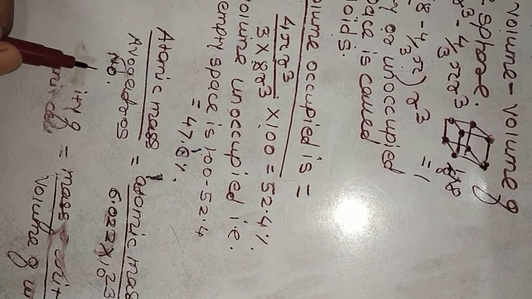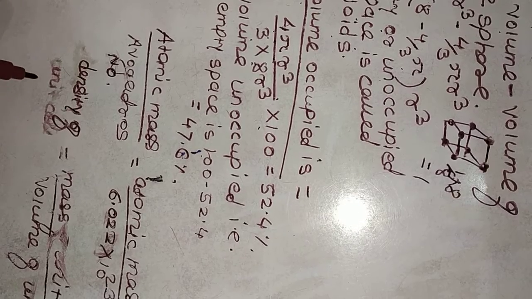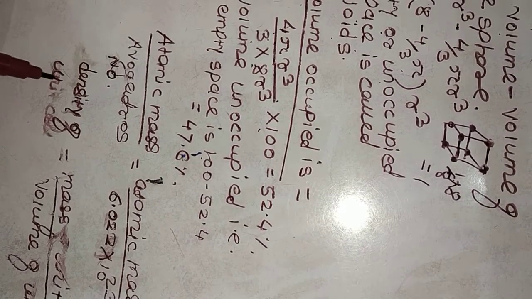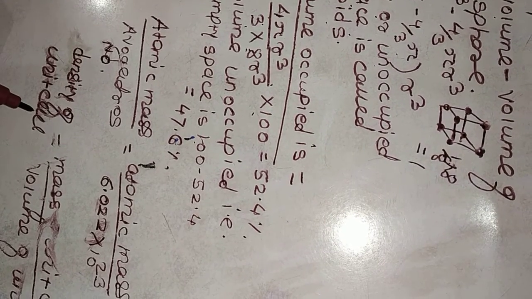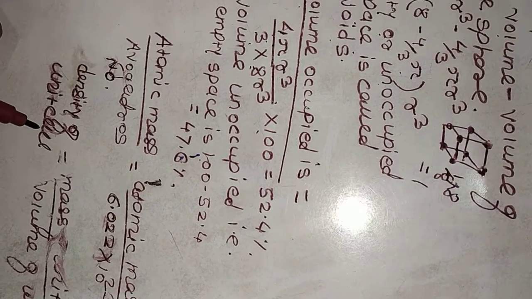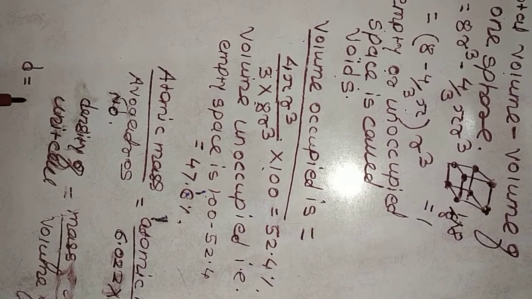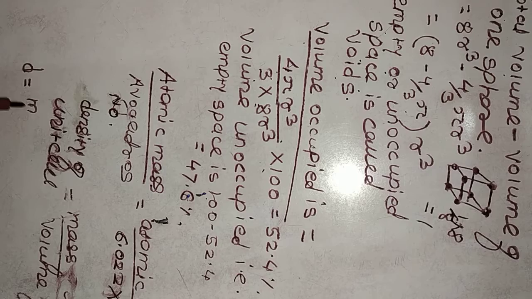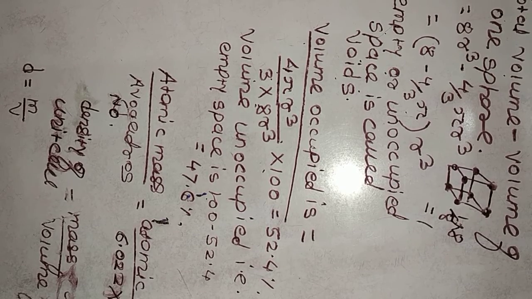Then how can we calculate the density of the unit cell? Density is the mass of the unit cell divided by the volume of the unit cell.